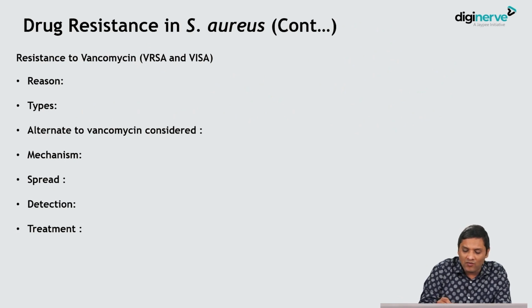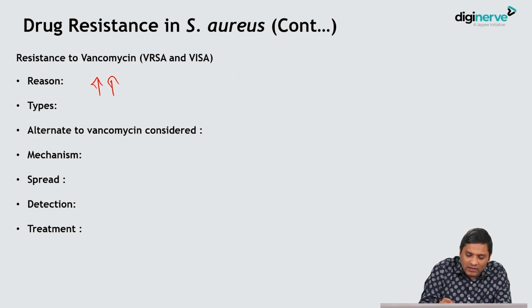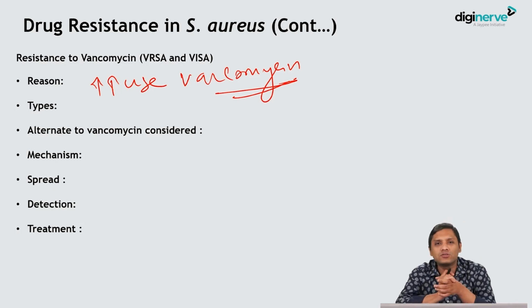So why will vancomycin resistance take place? Because of increased use, overuse of vancomycin. Vancomycin should only be reserved for MRSA strains of Staph aureus. You should not use vancomycin empirically, or even when you know it is a culture proven MSSA strain of Staph aureus.